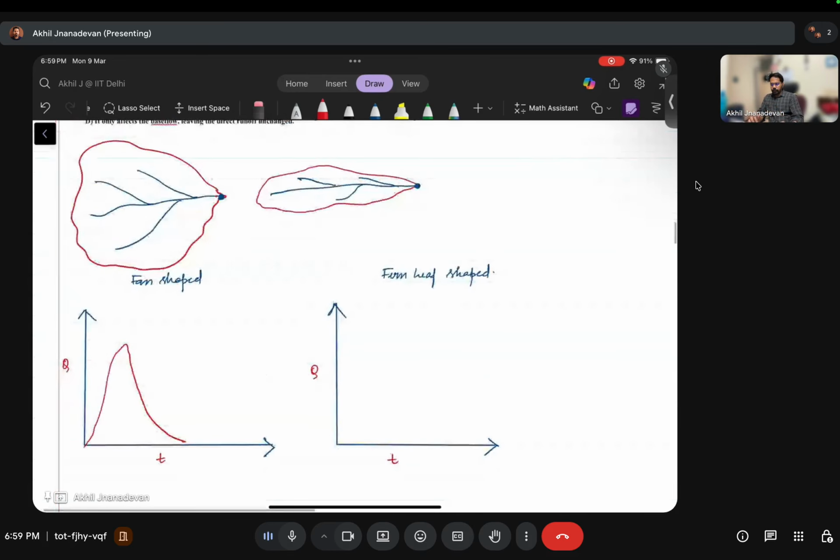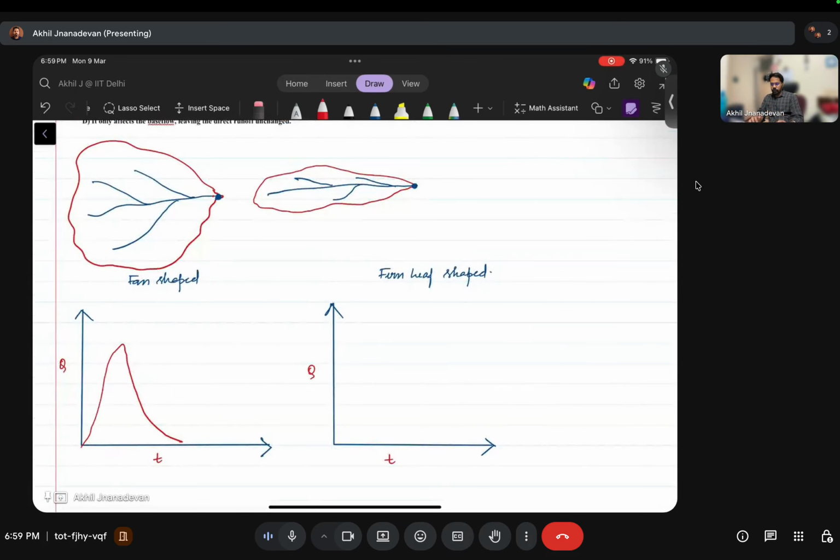But in the case of a fern leaf shape, a narrow catchment, the water will be coming from a very long area, very long streams, so the time of concentration will be more. So the time to peak will be more.